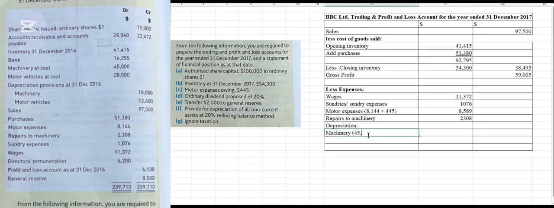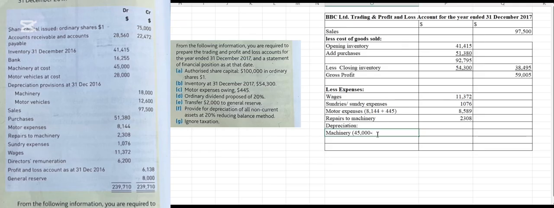So we're going to first account for what's the cost for it. And then we're going to look at how much the depreciation was provided at for the 31st of December. So the depreciation provision for machinery is $18,000. So we're going to minus the provision for depreciation from the cost of machinery.